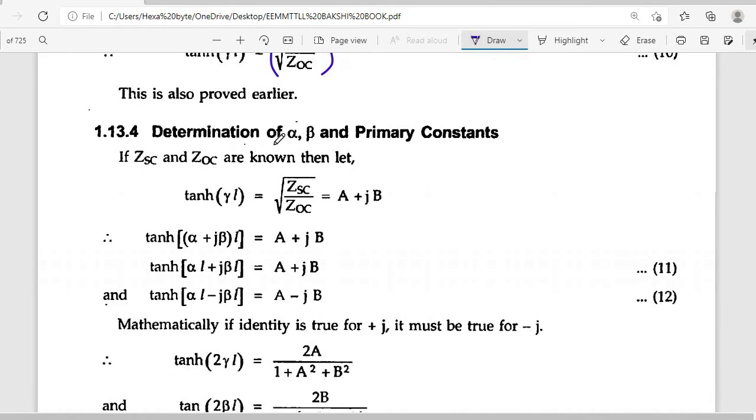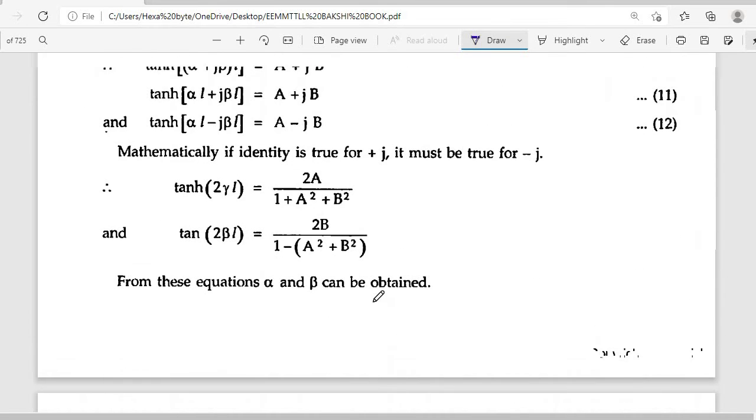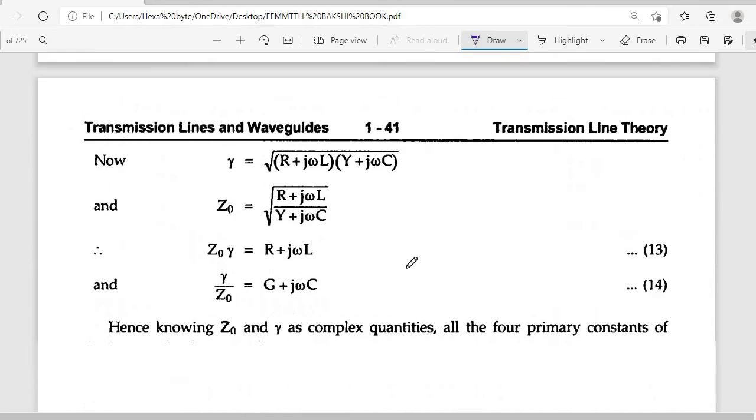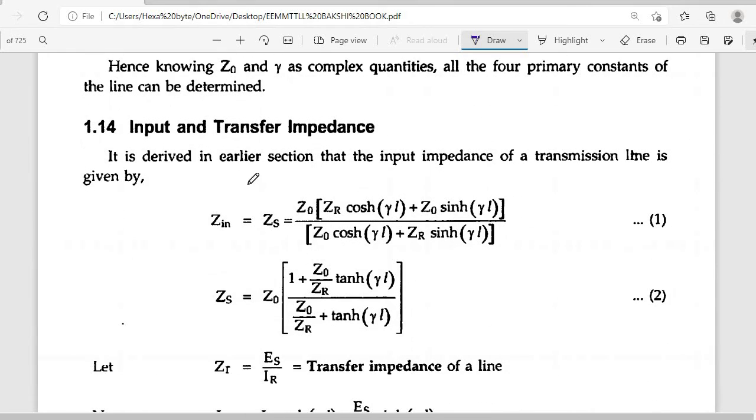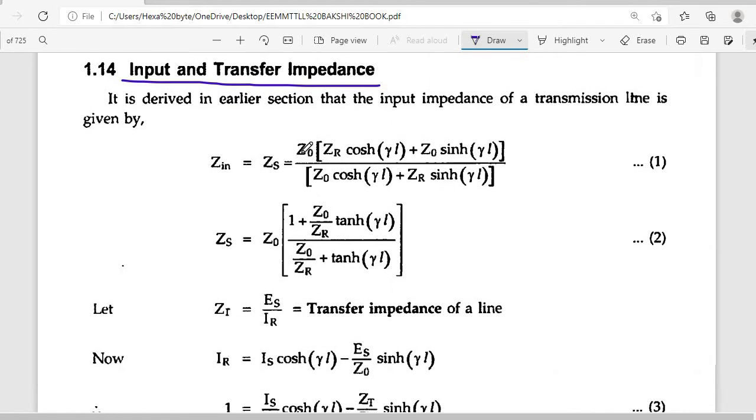Next, determination of alpha and beta, the primary constants. These are generalized equations; you have to substitute and find out. We have to analyze input and transfer impedance.